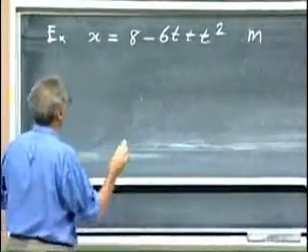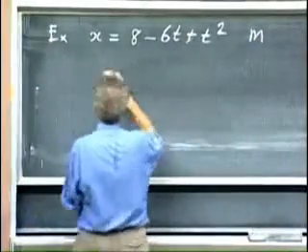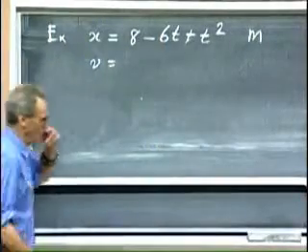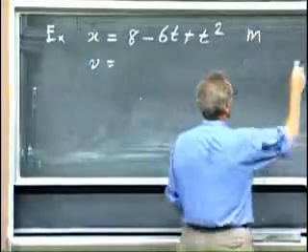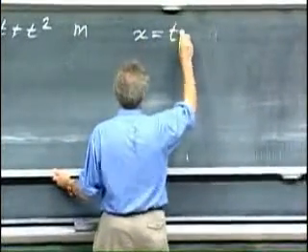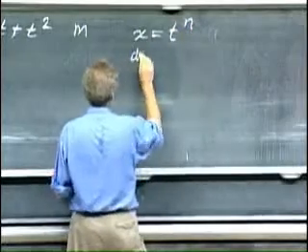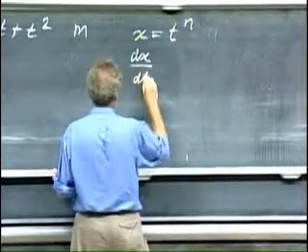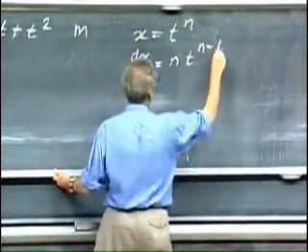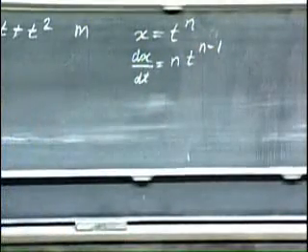What now is the velocity at any moment in time? Well, that's the derivative, dx/dt, and I use the following: if x equals t to the power n, then, as most of you should know, dx/dt is then n times t to the power n minus 1. That's all I'm using.